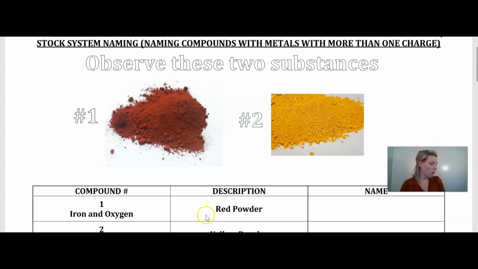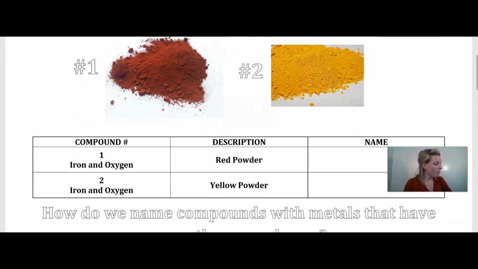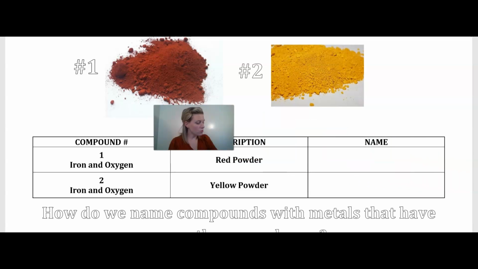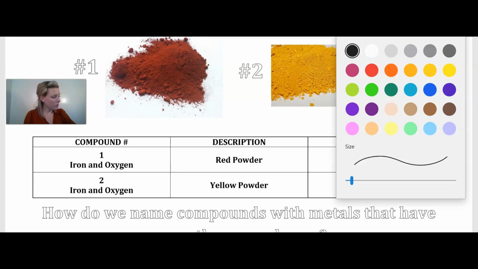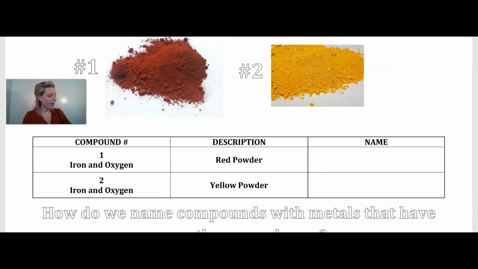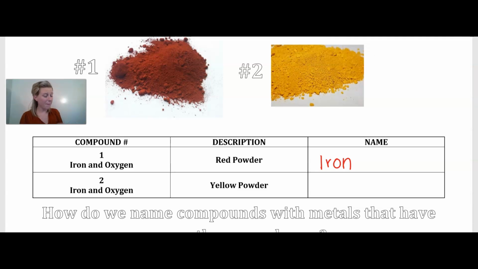Based on what we know thus far, how would we go about naming those two substances? Based on what we learned in our binary compound video, we name it based on our metal, so iron, and we name it based on our nonmetal, but by changing the ending to -ide.